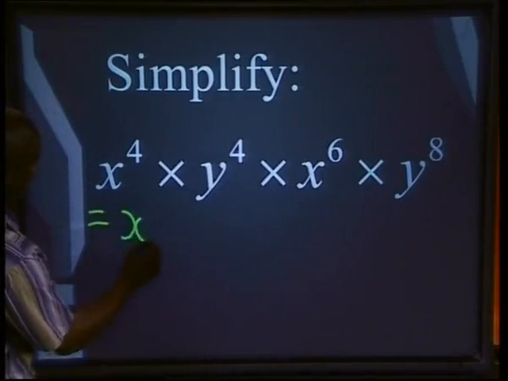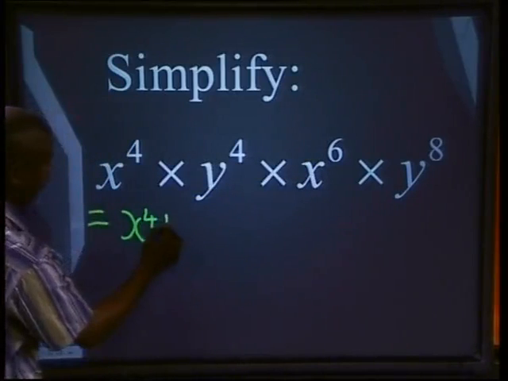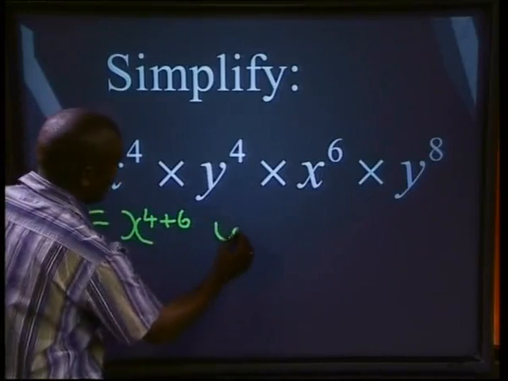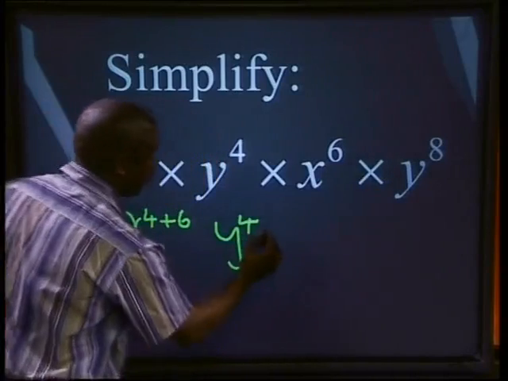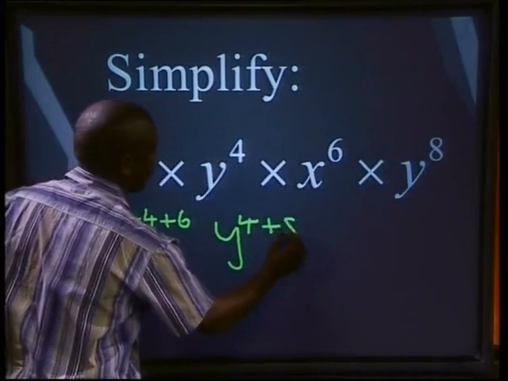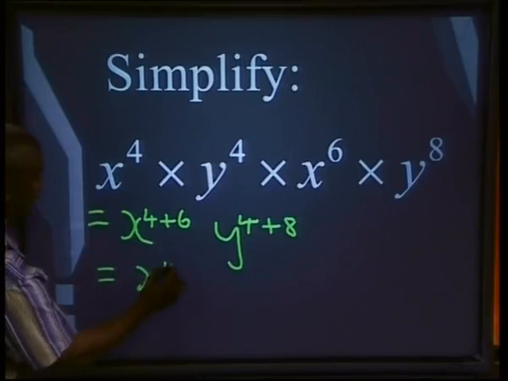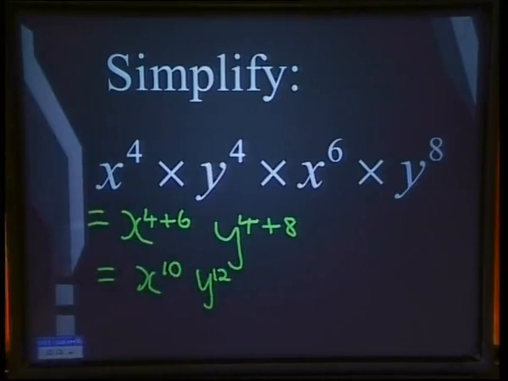We have x to the power 4 and x to the power of 6, so we add 4 plus 6. Y to the power of 4 and y to the power of 8, so we add 4 plus 8. That will give us x to the power of 10, y to the power of 12.